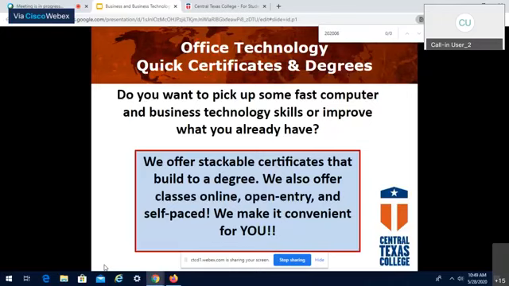But also I wanted to let everybody know that we also have what's called our CATE Center, Career Education Technology Center.